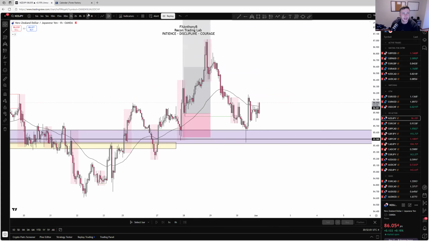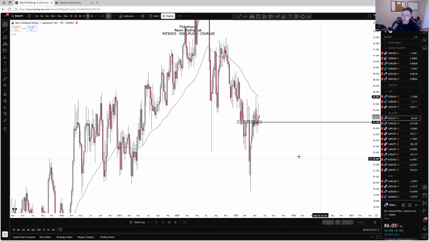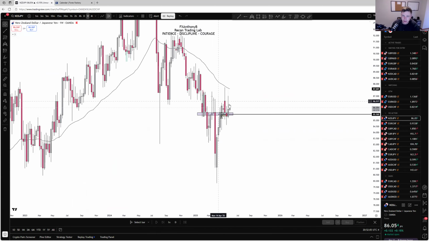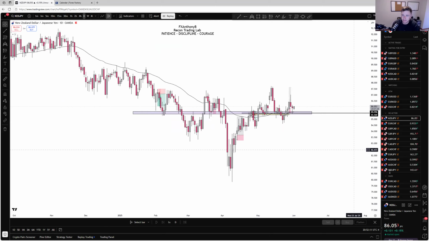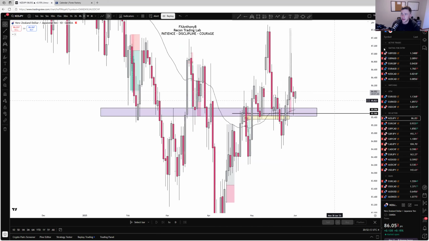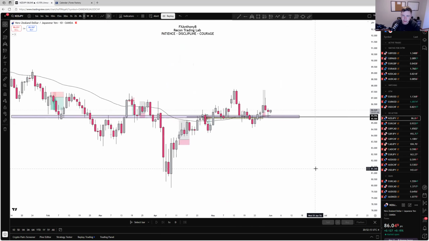NZD JPY. Weekly is bullish, higher high, higher low. Daily is bullish, higher high, higher low. See, here's a perfect example of why you have to wait for the confirmation on a head and shoulders. Because this is a head and shoulders. You're like, oh, that's a perfect head and shoulders. Well, left head, and you're like, oh, this is my right shoulder.